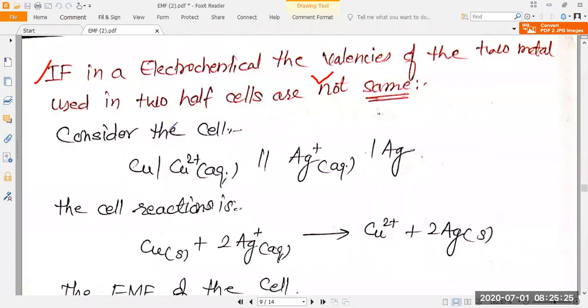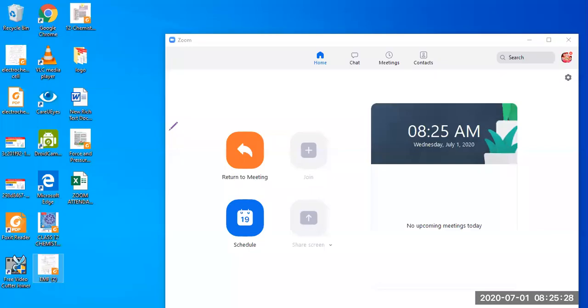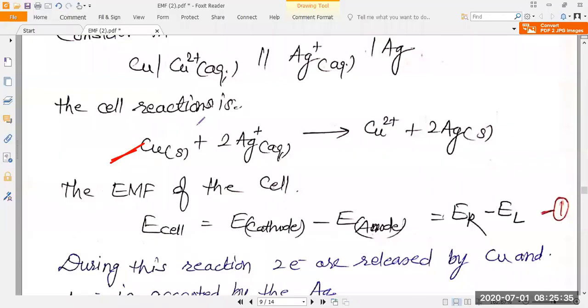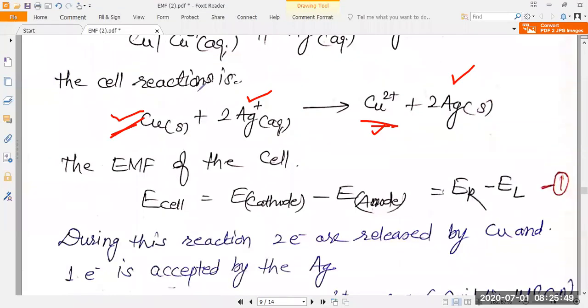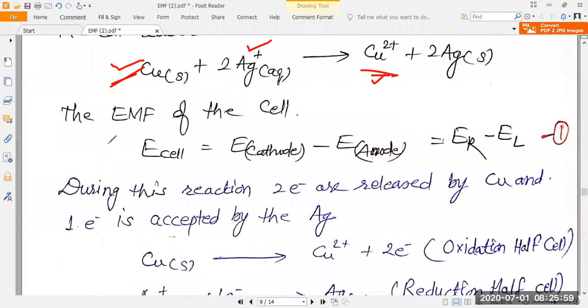Copper electrode reacts with silver electrode and gives copper plus 2 ion and silver deposited. Here the valencies in both the electrodes are not the same. Here the valency is 1 and here the valency is 2. Then the EMF of the cell we can find in this manner.